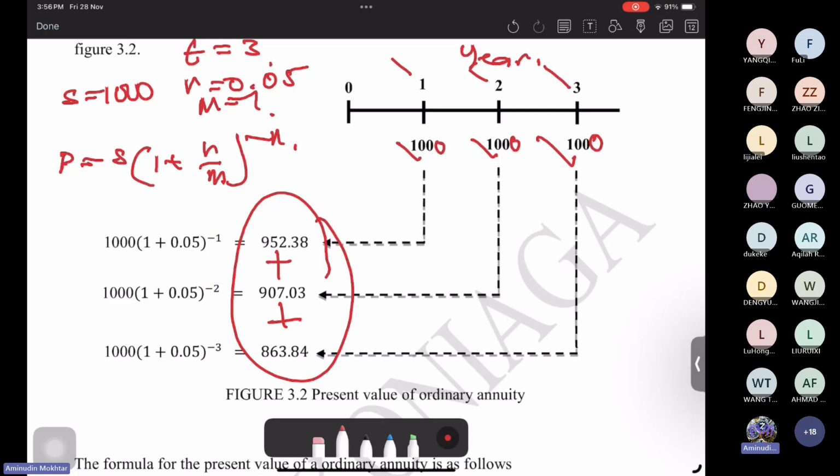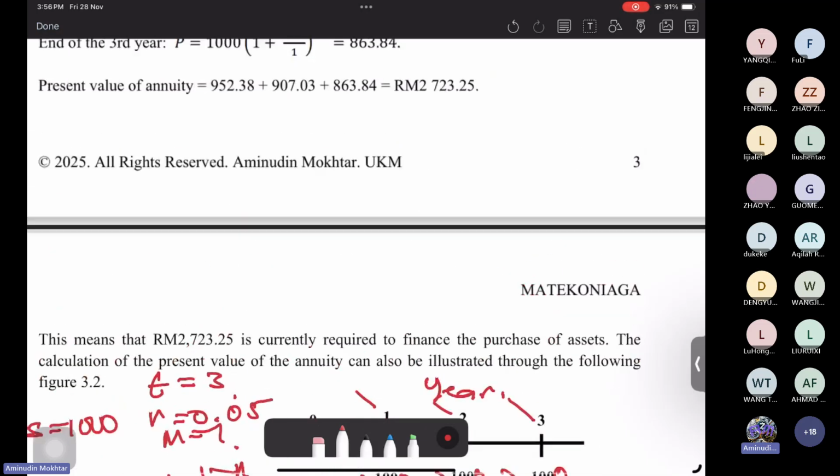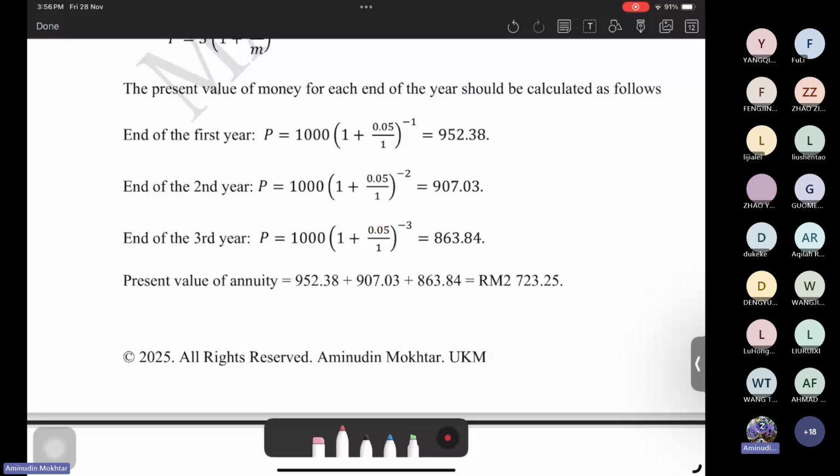As you can see on page 3, the summation of individual present values will result in the total present value.